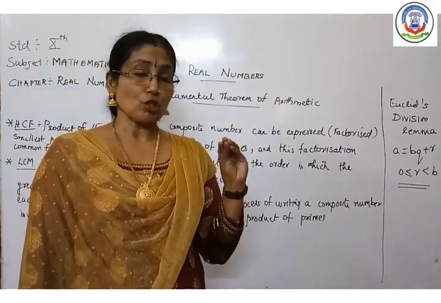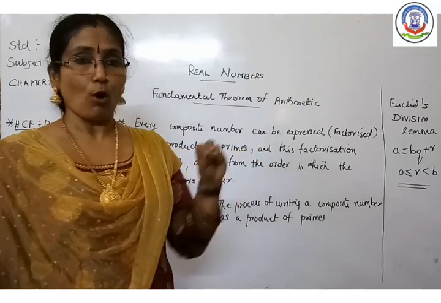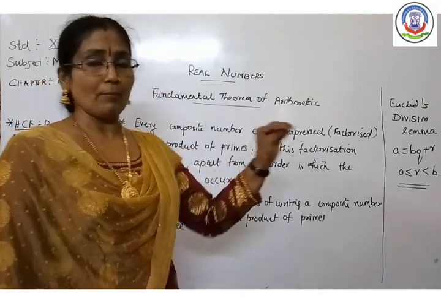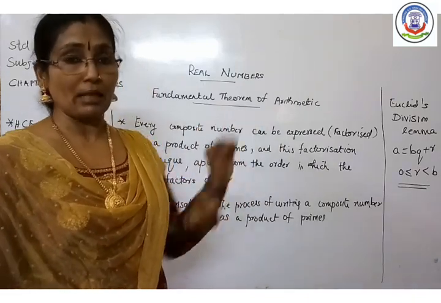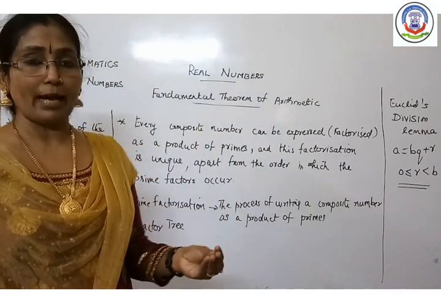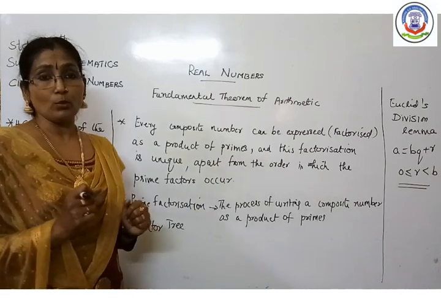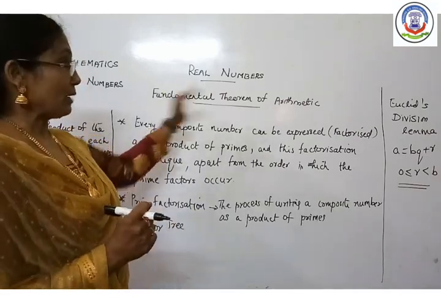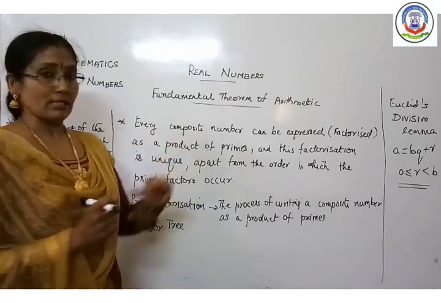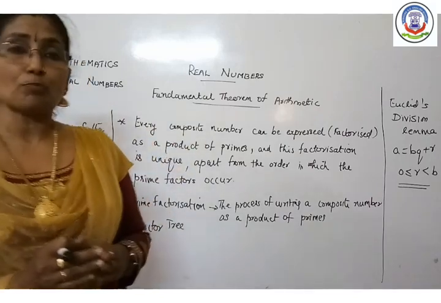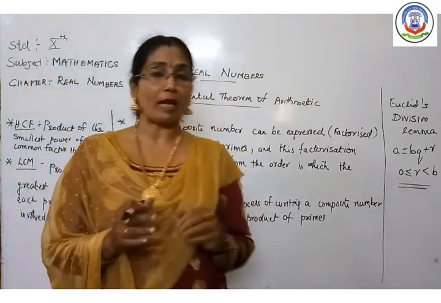Now let us look at this fundamental theorem of arithmetic. Here the statement involves prime numbers and composite numbers. That's why I explained to you what is prime number and what is composite number. The fundamental theorem of arithmetic states that every composite number can be expressed as a product of primes.